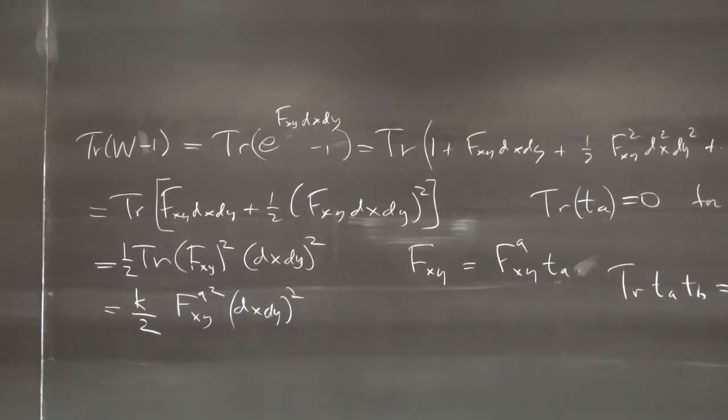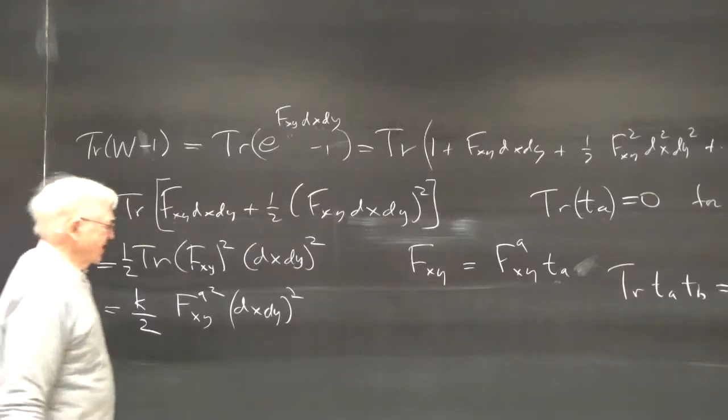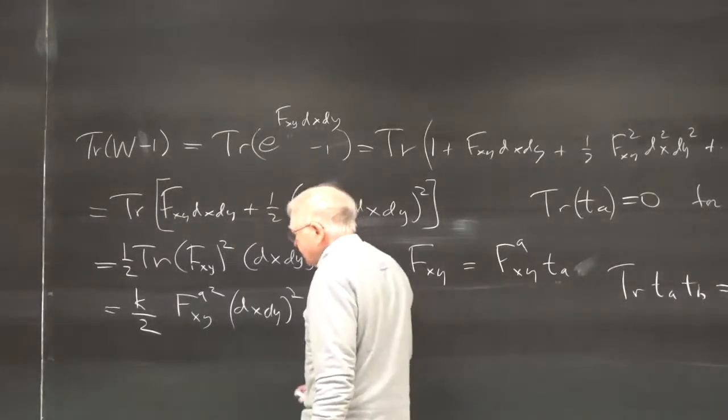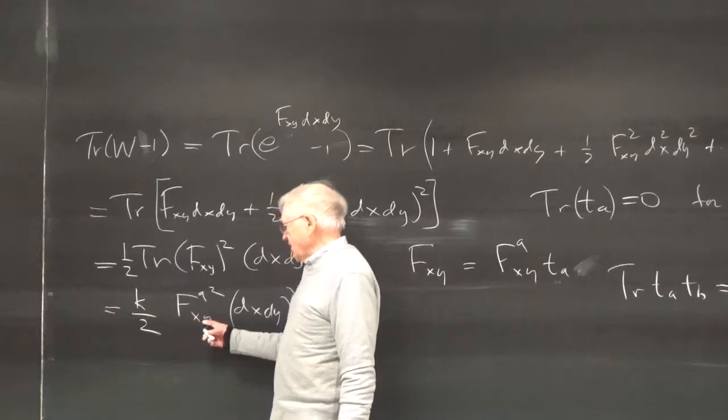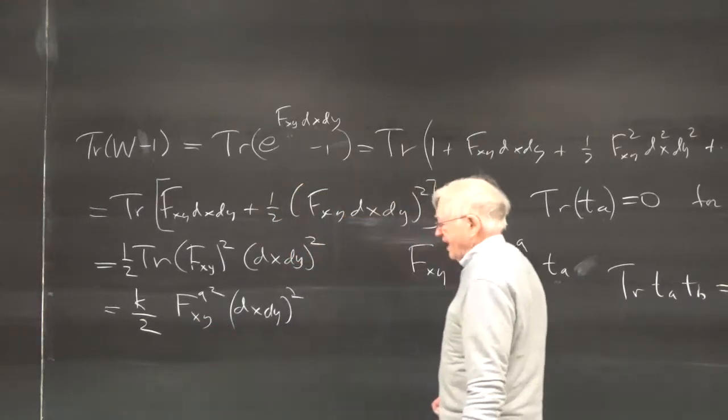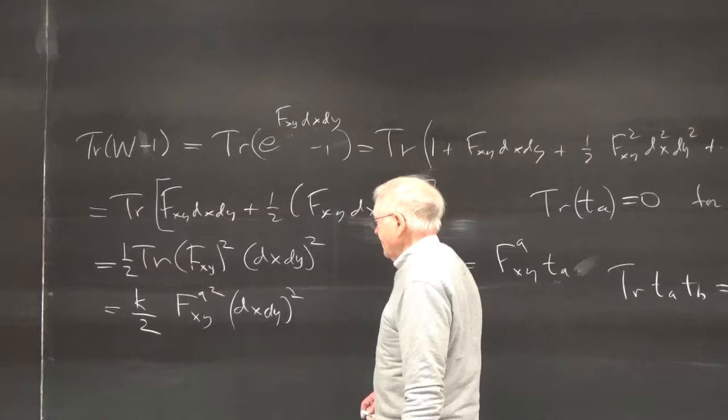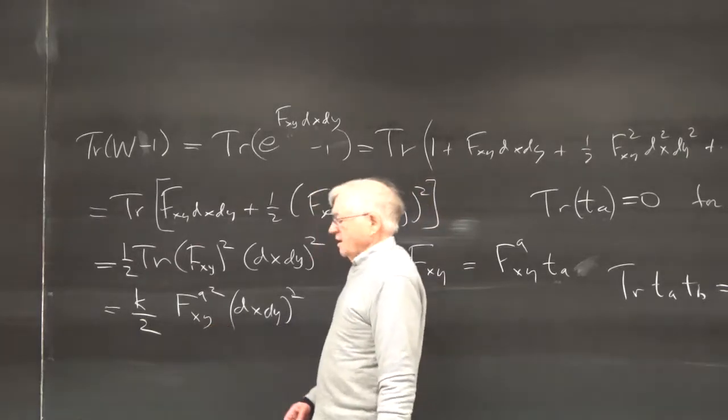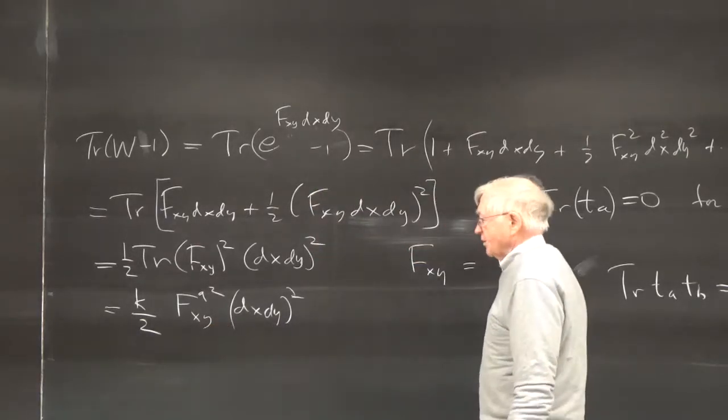So now if you want to get a physical action in Euclidean space, what you want is to sum over all 4 values of x and y, and of course when they're both equal, it's 0.